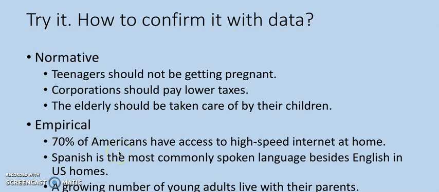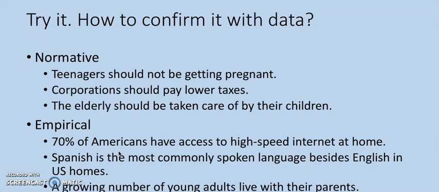So what I would ask you to do, again, you're going to need to pause the video, is take a look at these 3 normative statements and these 3 empirical statements. And choose one of the normative statements and change it to an empirical statement.